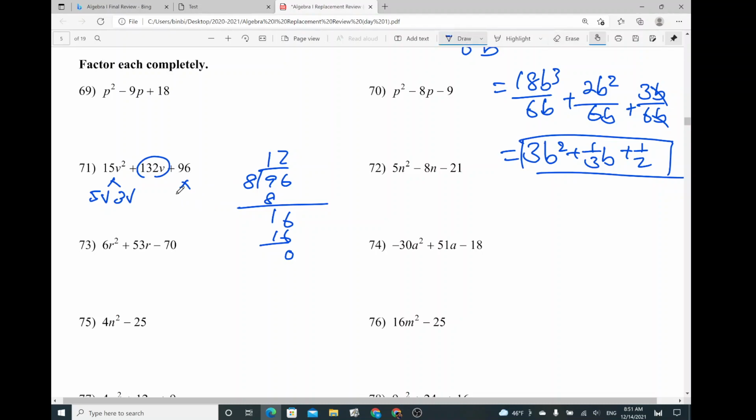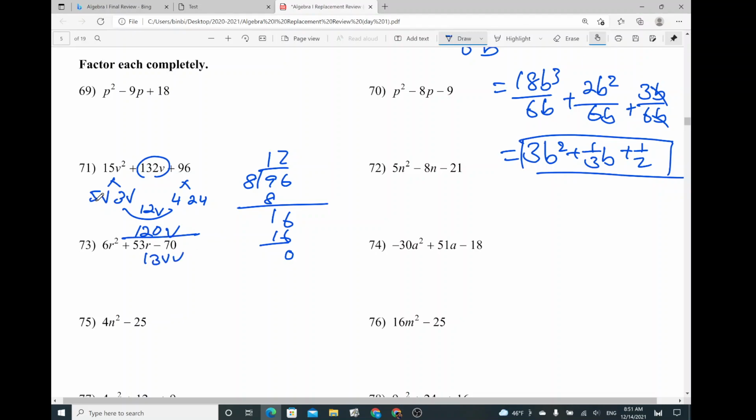So let's use 4 and 24. Okay, so 3v times 4, that'll be 12v. 5 times 24, so 5 times 4, that's 20. 5 times 2, 10. Plus 2, so it's 120. So 120v, and then once you combine them, that's exactly 132v.